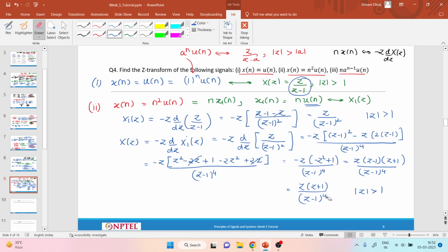Sorry, this is z minus 1 power 3. Again here the region of convergence remains the same, that is magnitude of z greater than 1.